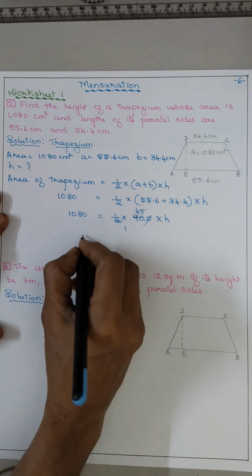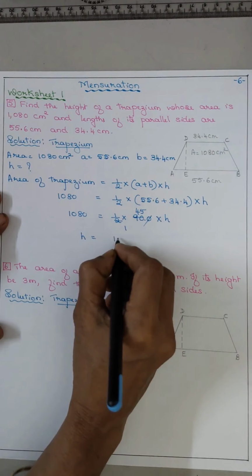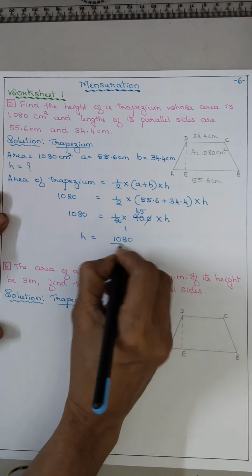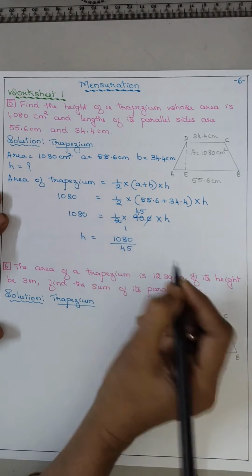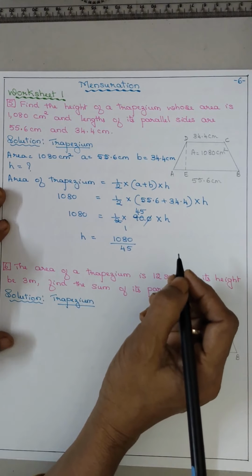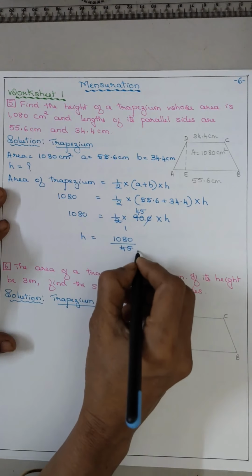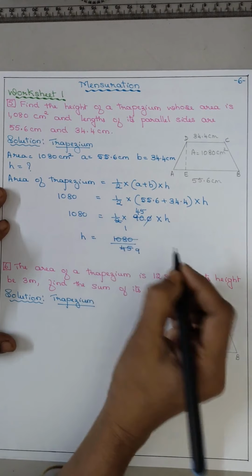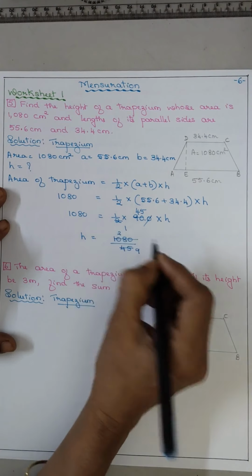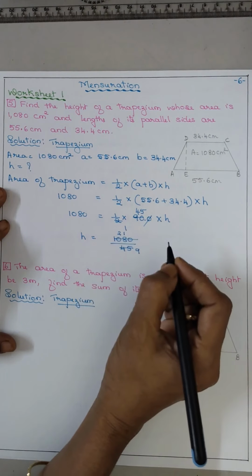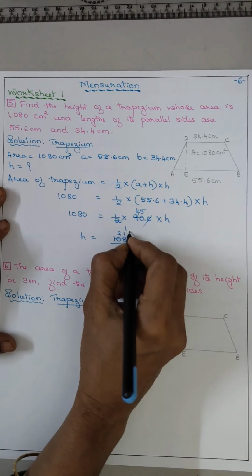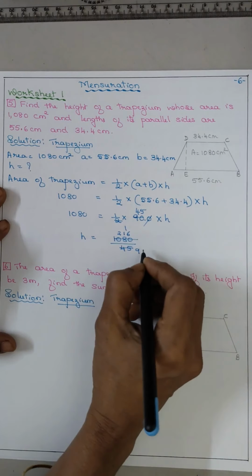So height is equal to 1080 upon 45. Now 5 9s are 45, 5 2s are 10, 5 1s are 5, 3 remains. 5 6s are 30.